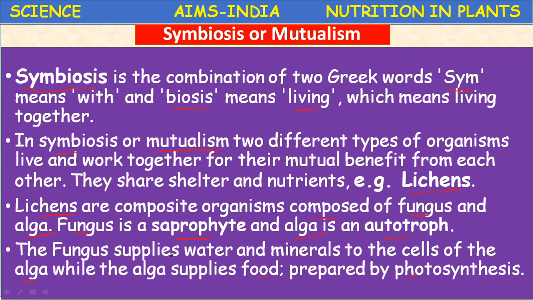For preparing that food, water and minerals are required, which are supplied by the fungus. After photosynthesis, the sugar or starch is absorbed by the fungus. So they live together. These lichens are actually present near the seashores.